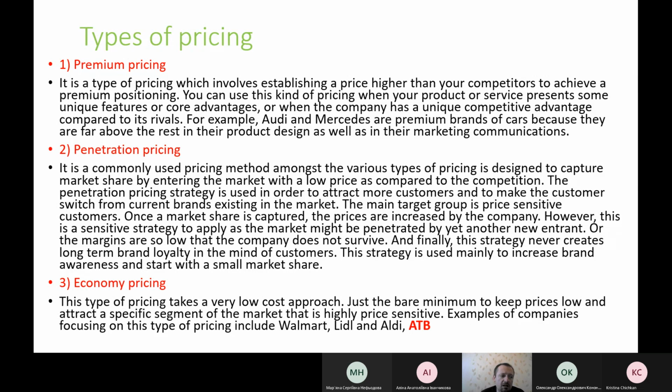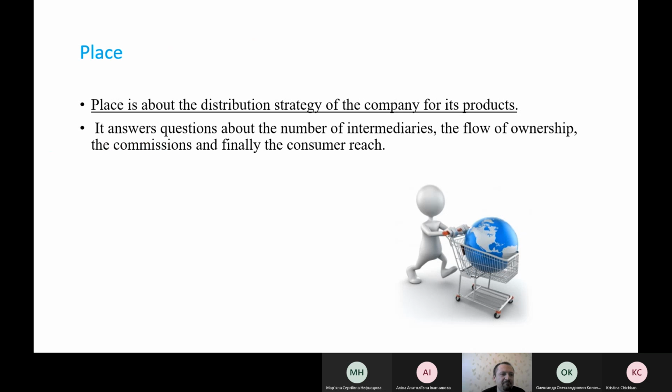You have to understand what policy is taken by your company. But here are the main examples.